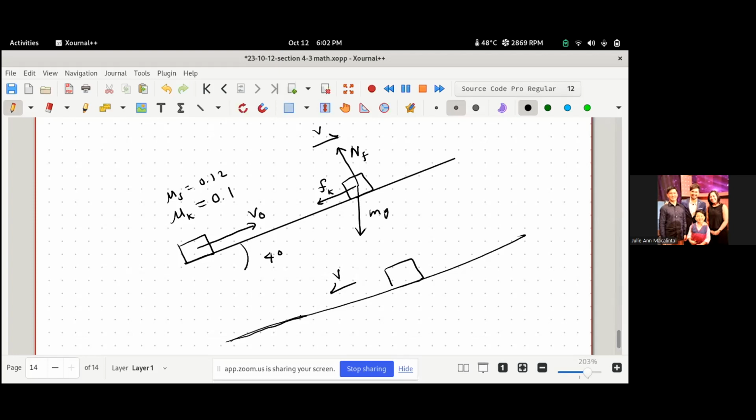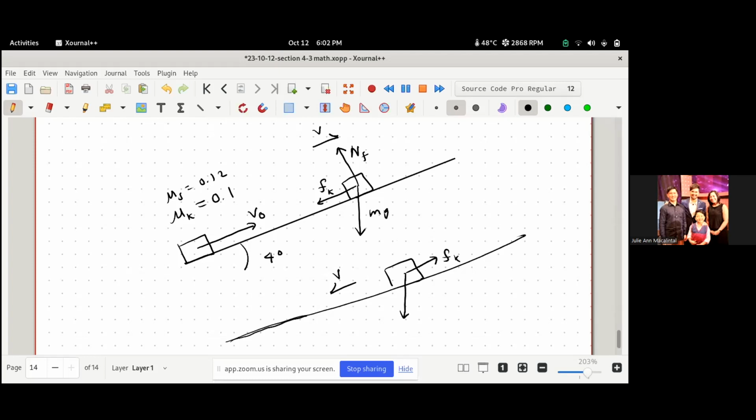Ano yung direction ng friction dito? Direction ng friction. So it's now sliding downwards. Ano direction ng friction? Ano na po siya, tawag na yung friction is going upwards up the plane.